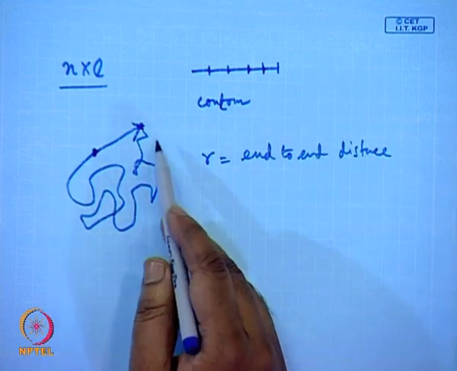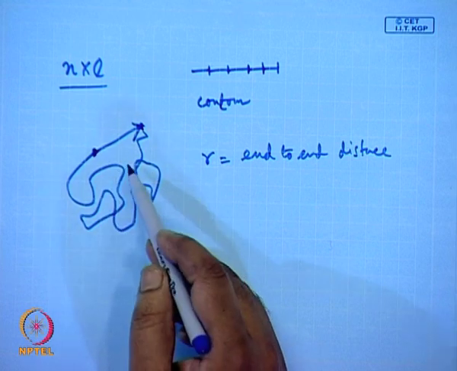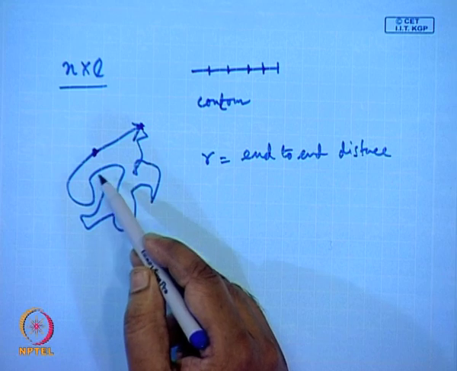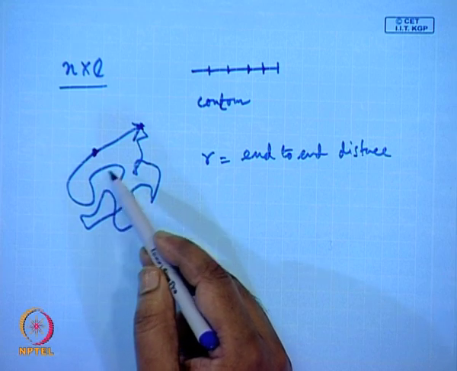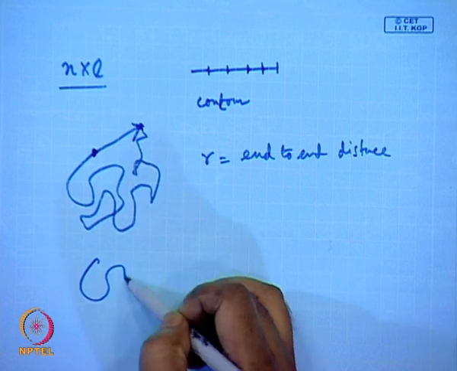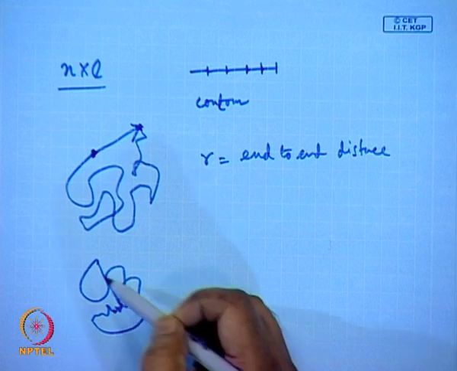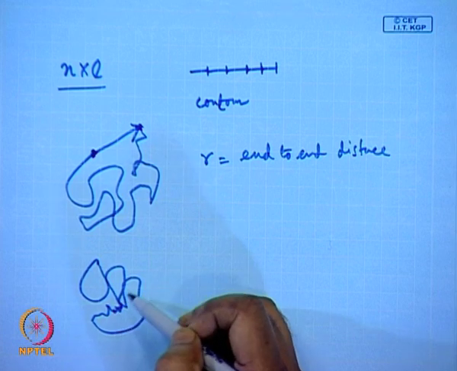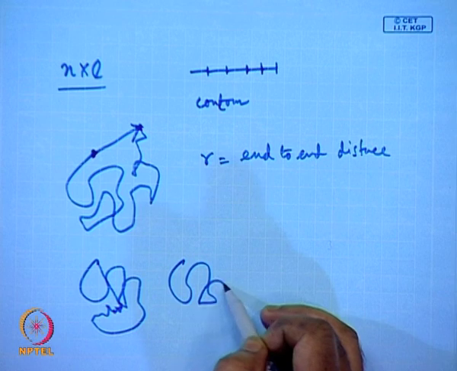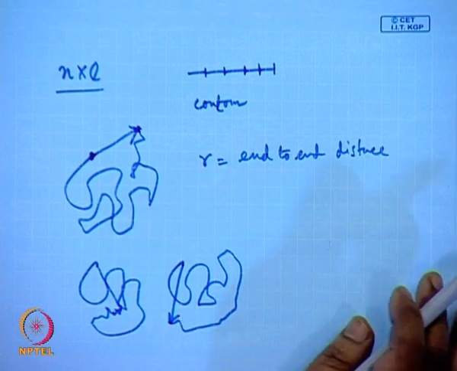Now, is this polymer conformation fixed? No, it is not fixed, because there is continuous rotation across the single bond. So, you may have one now and immediately after, the next moment, you may have this, where the ends are this far apart, or the next moment you can have something like this, where the ends are like this.